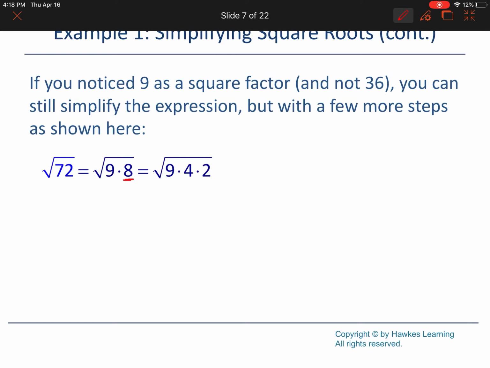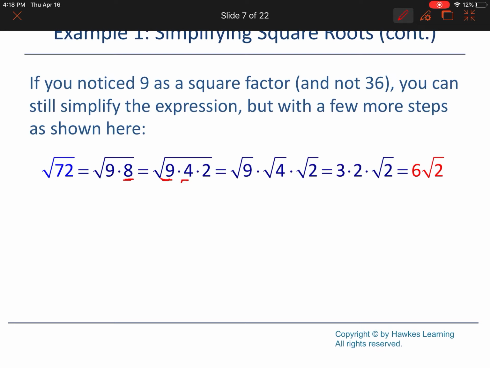I keep factoring the 8. So now I have a 9 and a 4 that are perfect squares, and that's fine. That means I have square root of 9 and the square root of 4 and the square root of 2. And square root of 9 is 3, and the square root of 4 is 2, and the square root of 2 will just stay, right? And then I multiply these. So remember, these are all just multiplying together. So in the end, we get 6 square root of 2.